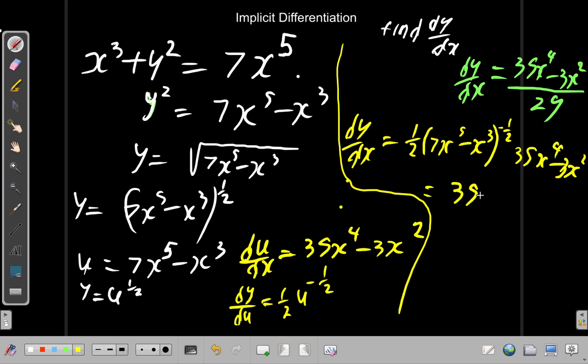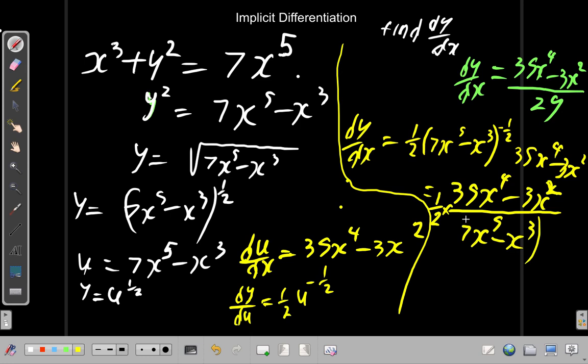This is 35x to the fourth minus 3x squared all over, now all of this should multiply by a half, so half times 7x to the 5 minus x cubed to the half.